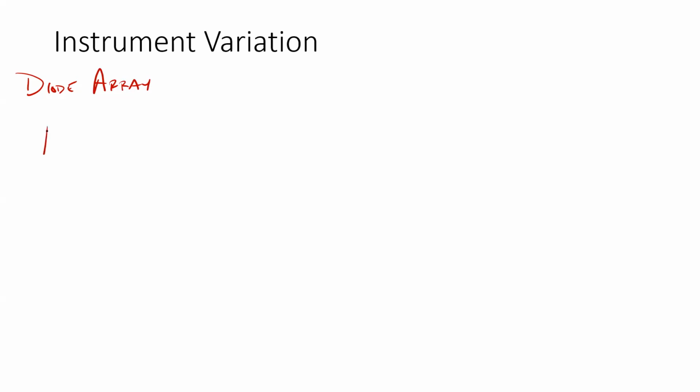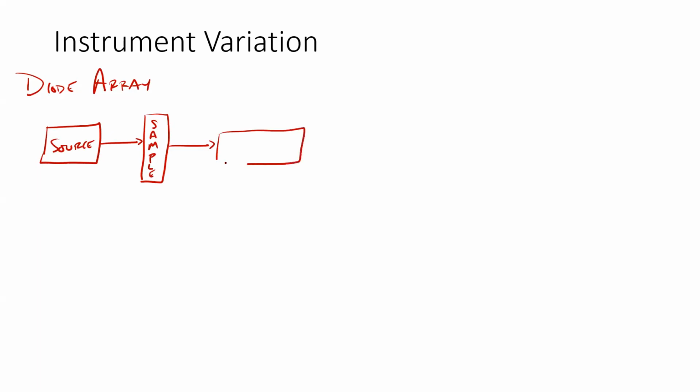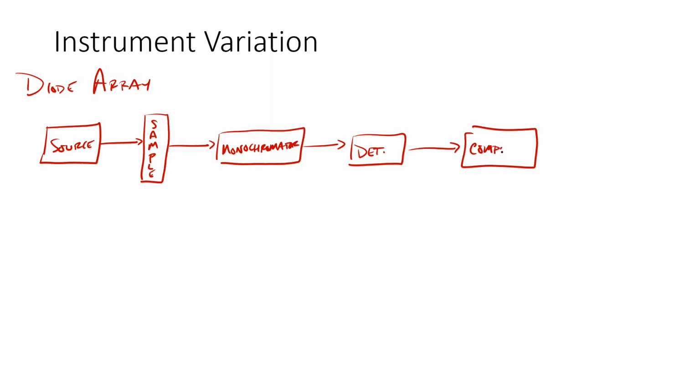So in a diode array, you got your source, and that source radiation goes straight to the sample, then to the monochromator, then to the detector, and to the data analysis and readout. I'm just going to say that that's a computer. Okay.